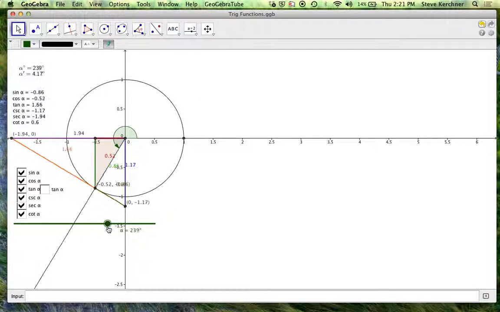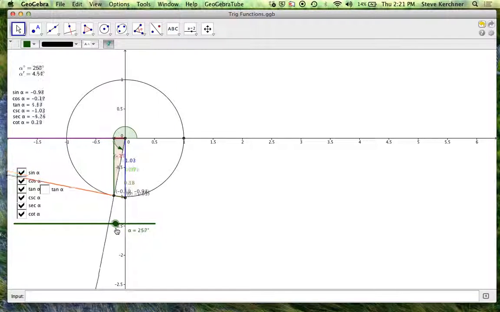It'll continue to grow. You'll notice at 270 degrees, the cosine has a value of 0, and the secant is infinity. It's not defined. This is going to be a vertical asymptote on our graph, our secant graph.